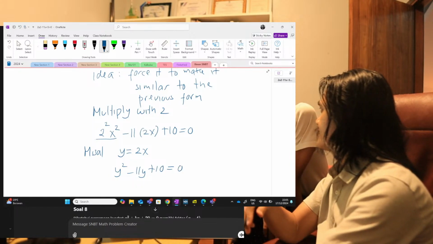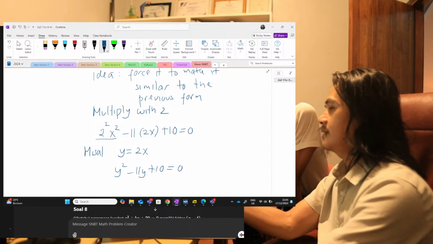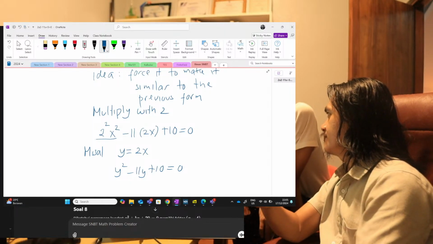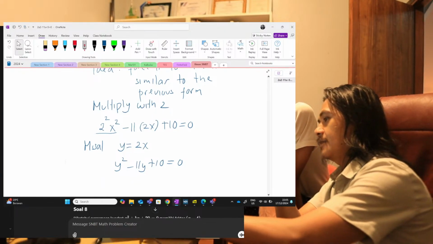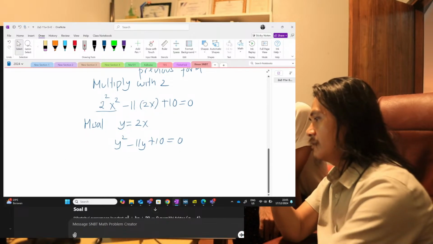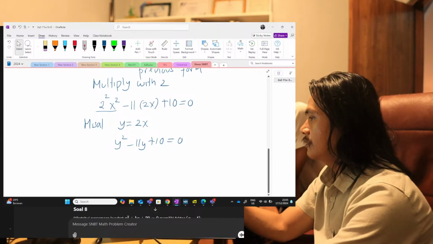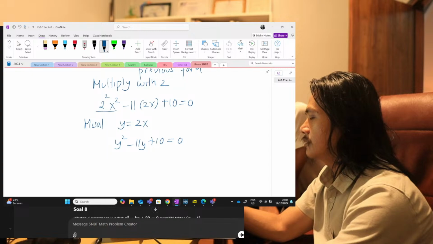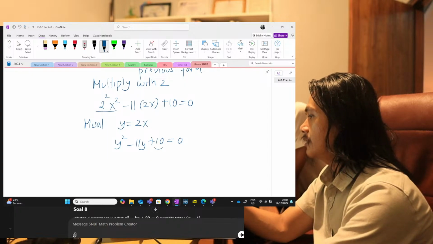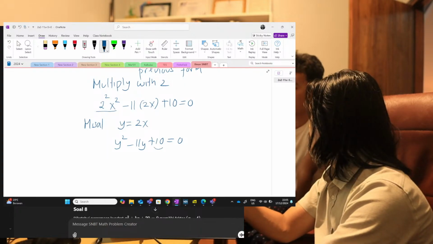Okay, that was interesting. So just try to solve that. It's negative 11 and 10. You need the product to be 10, so negative 1 and negative 10.